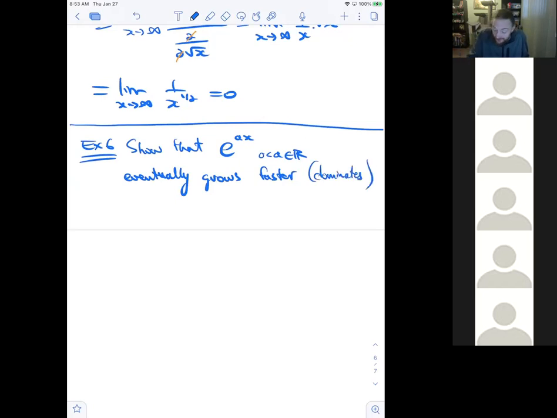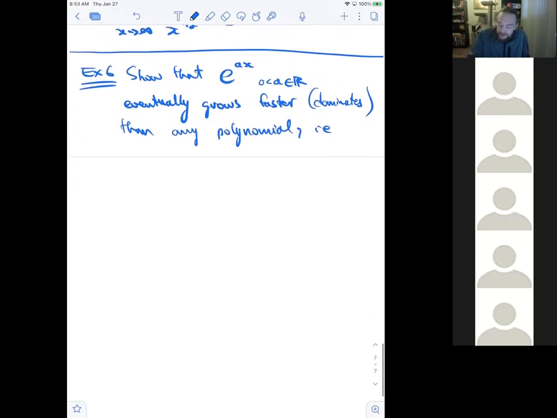It grows faster than any polynomial. I.e., show that the limit as x approaches infinity of x to the n over e to the ax equals 0.